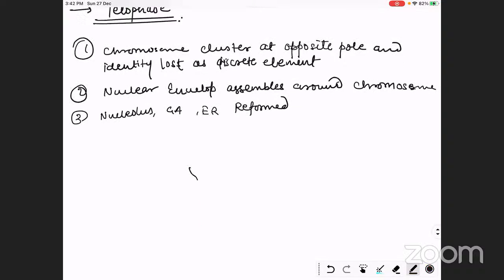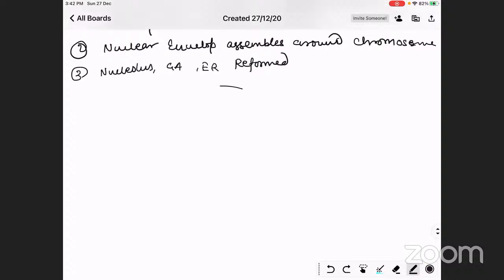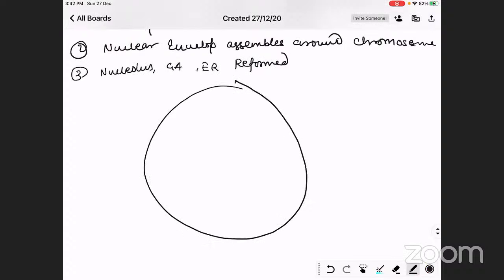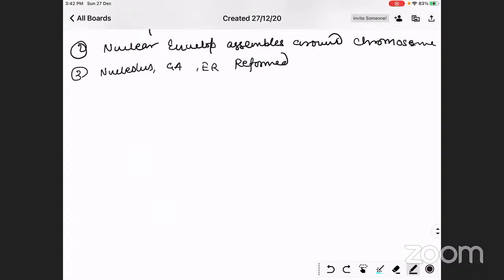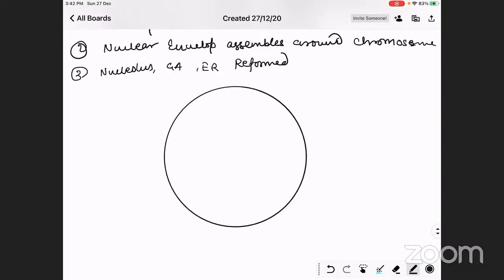See again here. We have the cell here, and we have the centriole, and here the chromatids come and lose their identity.